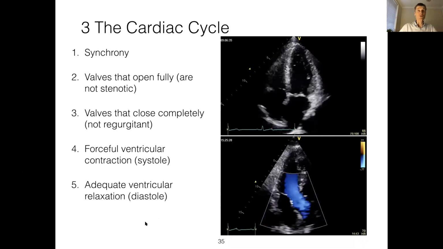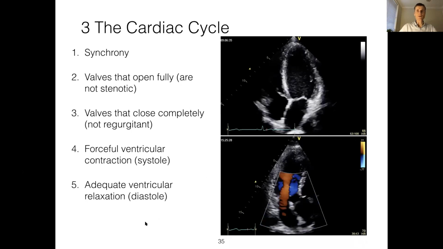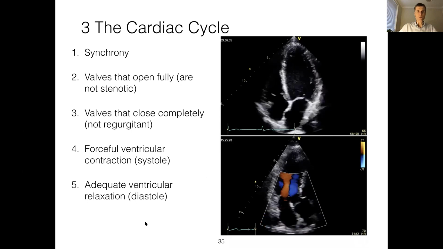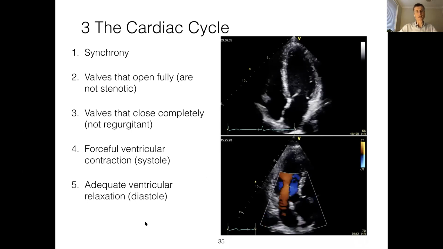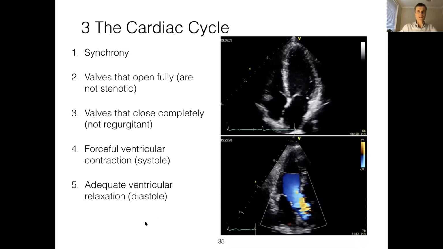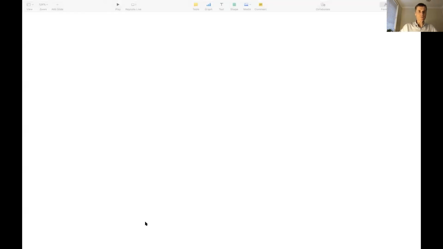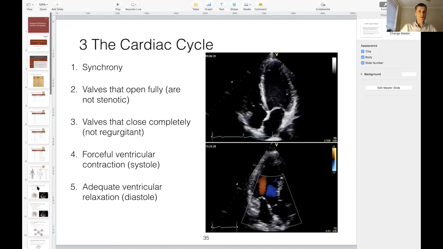There are two aspects of the heart's motion that you see there. But there should also be adequate ventricular relaxation, and you can't fully appreciate that just with this image. But you can certainly see that the ventricle is moving. It gives an impression that that's happening.